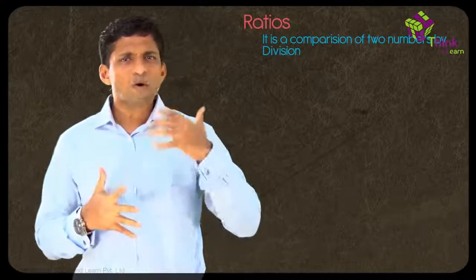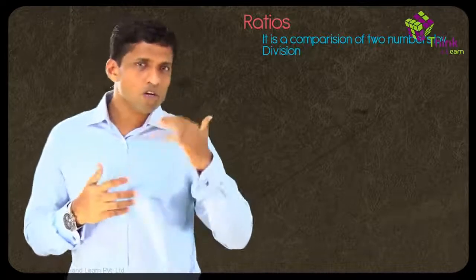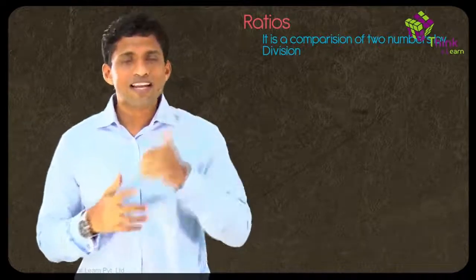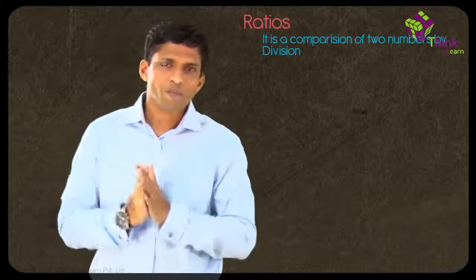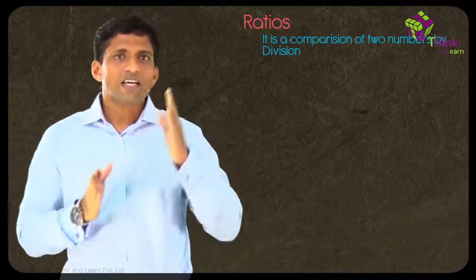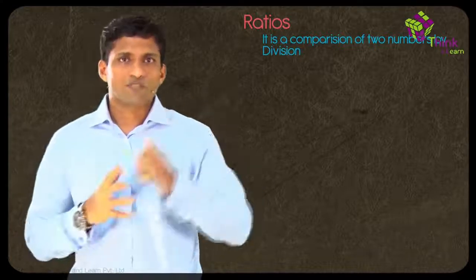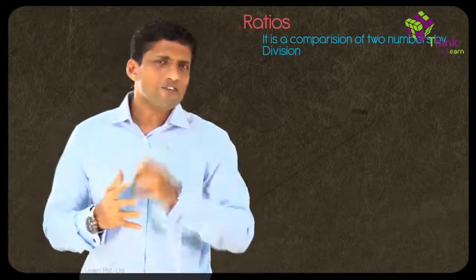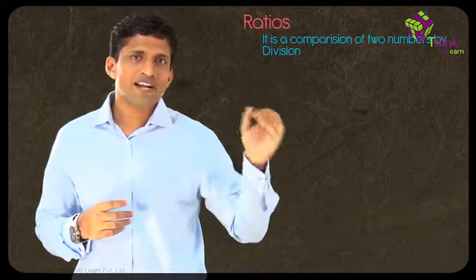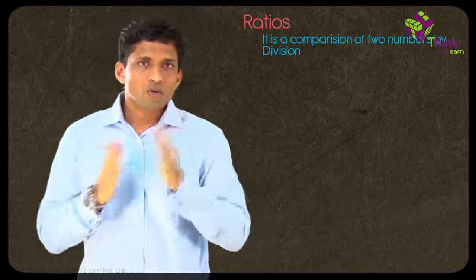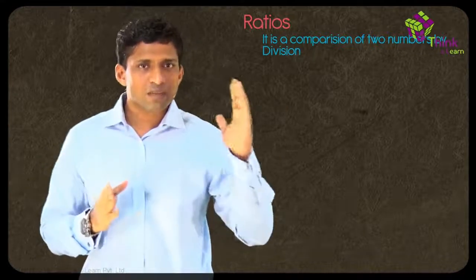But it's not just about comparing, it's actually about how the two numbers are related. Now let's understand ratios in a better way. We can say that a ratio is a fraction. Now that's kind of confusing, right? All of you know fraction. A fraction is nothing but what we write as a division problem. So in a way, a ratio is nothing but a fraction.